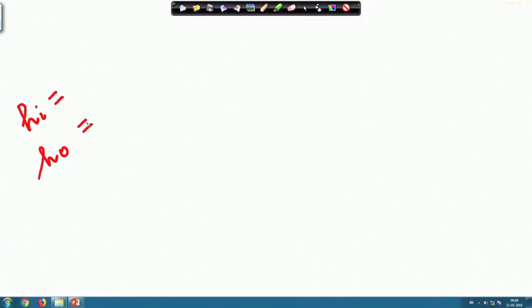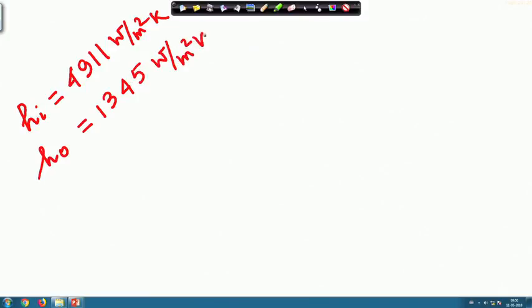And we have obtained h_i and h_o. We have gotten h_i as 4911 watt per meter square Kelvin, and we have obtained 1345 watt per meter square Kelvin as the heat transfer coefficient of the annular space.